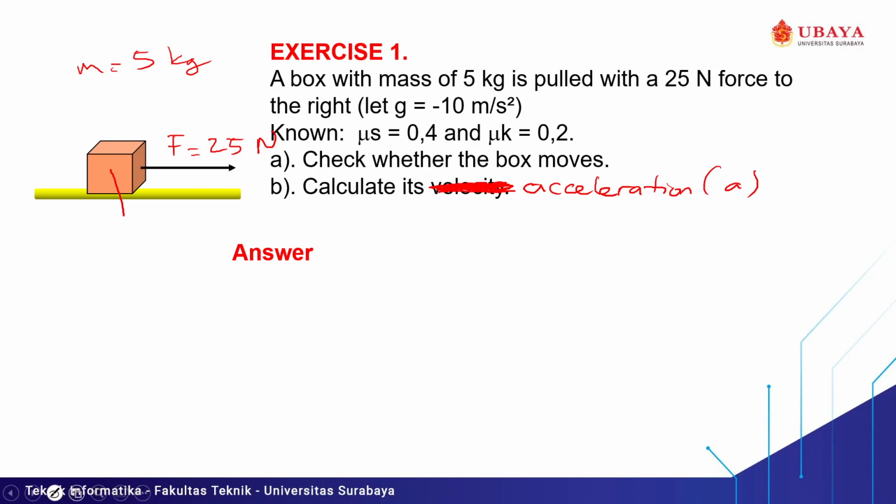So let me correct my W. The weight is W equals m times g. m is 5, g is negative 10, so the weight is negative 50 Newtons.